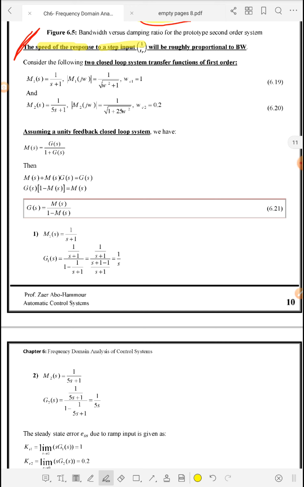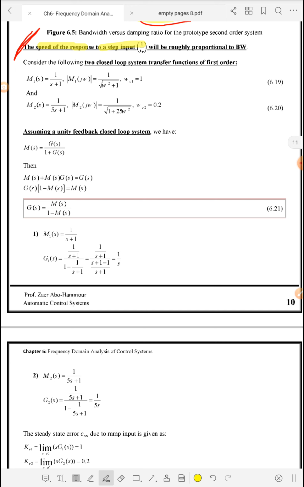If we want to measure the speed of the response due to a step input, it is inversely proportional to the rise time. The smaller the rise time, the faster the response.